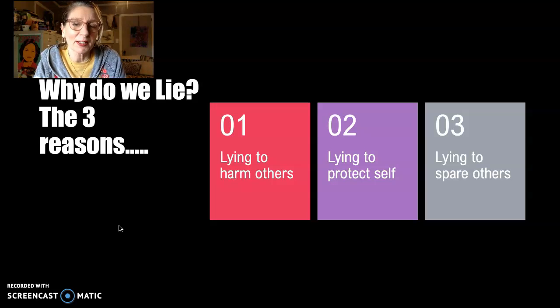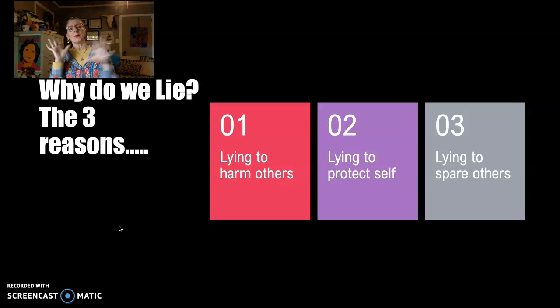We're going to talk about how we detect someone's lying in a minute. But did that person purposely deceive to harm? Sometimes people deceive in order to get someone's attention, to harm them, to get back at them, right?